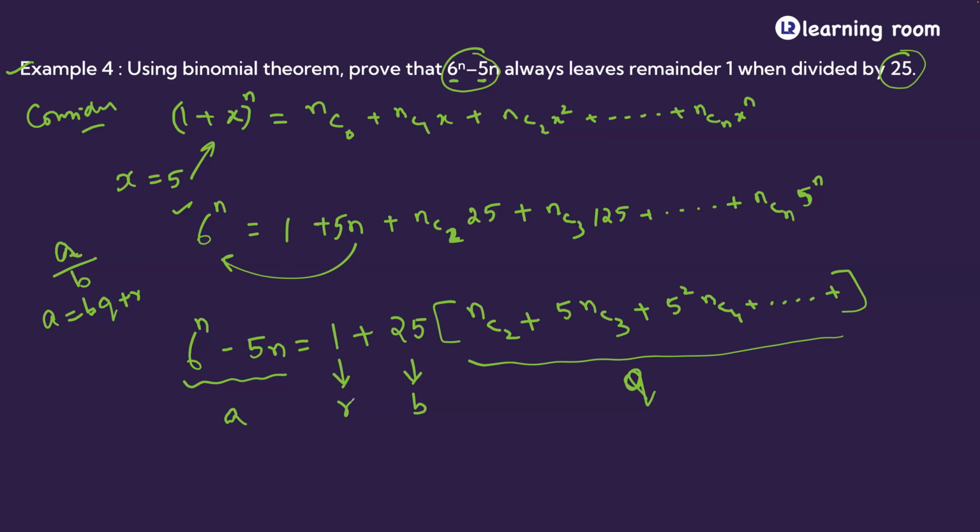So mostly you can frame the question and understand how the question will be framed. If it is 6^n minus 5n, how are the numbers? They are subsequent numbers. Suppose they frame a question like 7^n minus 5n. You need to look at the number which has a multiple of n. That is going to be the x value.